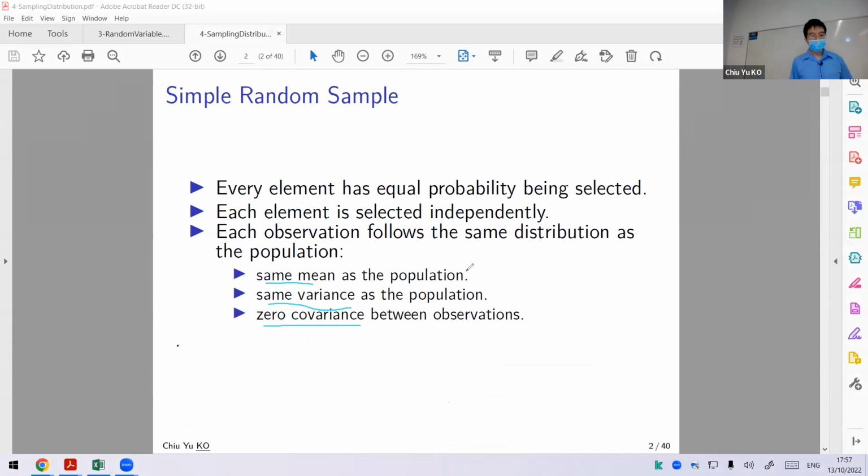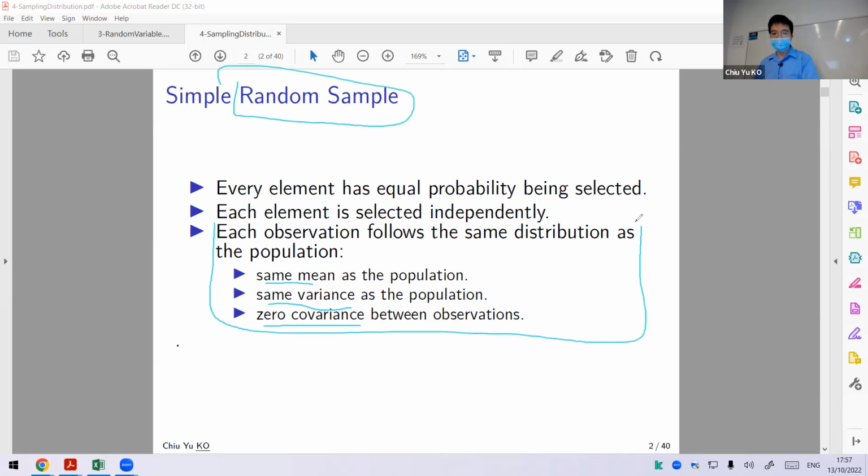It's important because we'll use this property. We will be using this term, simple random sample. This is the implication of a simple random sample, and a simple random sample is defined as this: randomly selected, and each element is selected independently. Equal chance and independently.